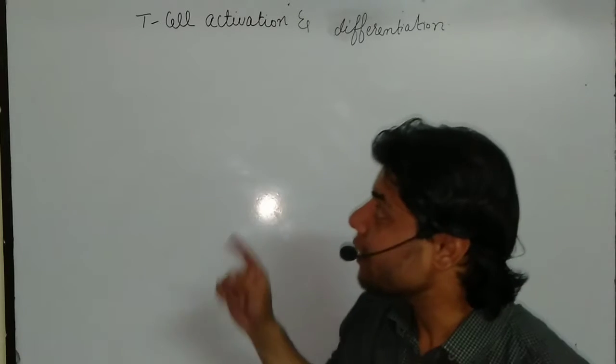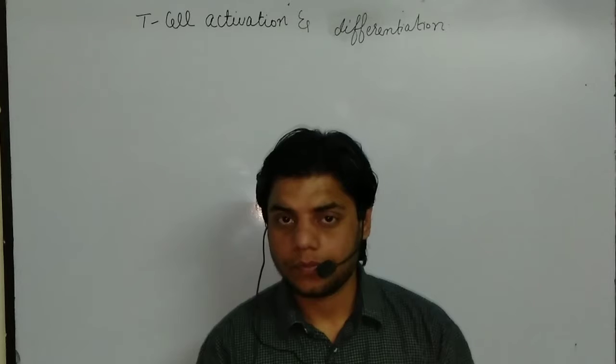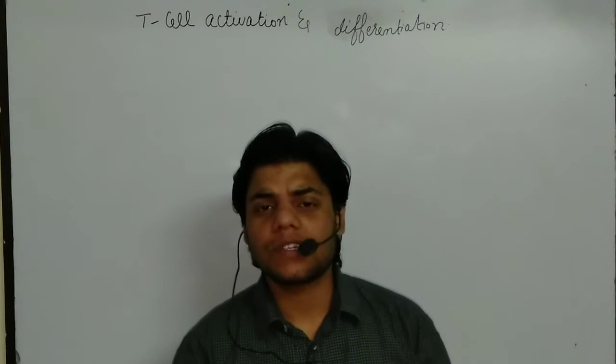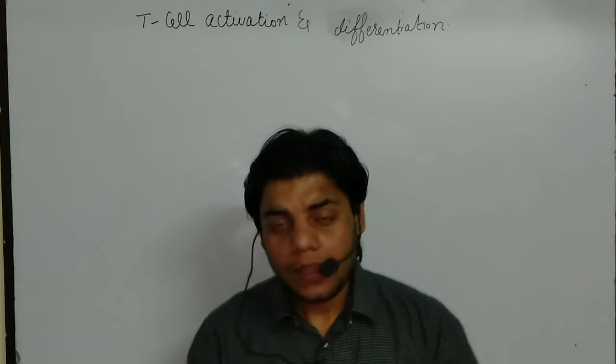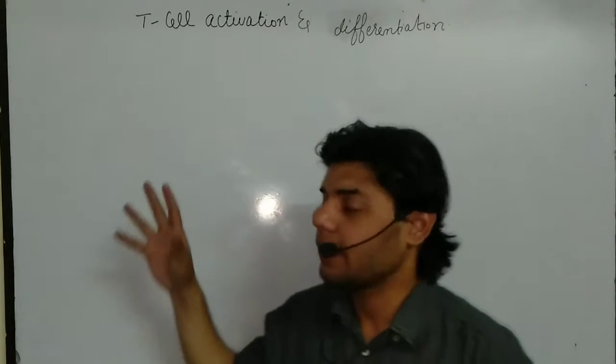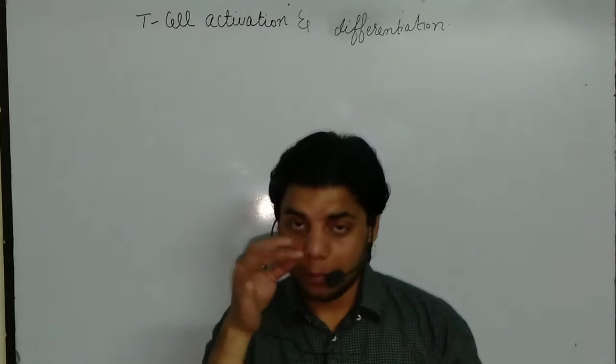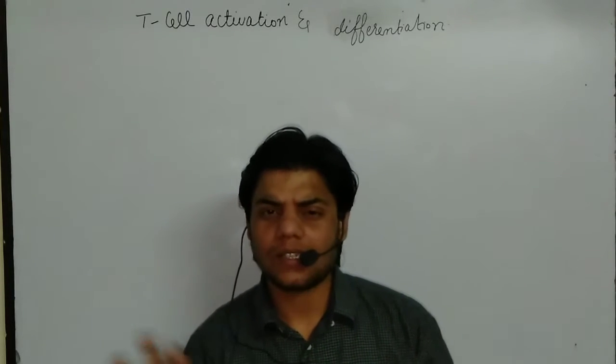Okay, so here the question arises in our mind: how will it be activated? The T cell will be activated by three pathways. First of all, the antigen presenting cell will engulf the pathogen or bacterial cell or any microbes.